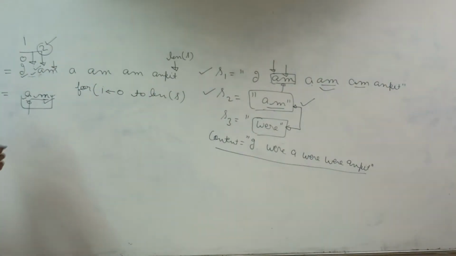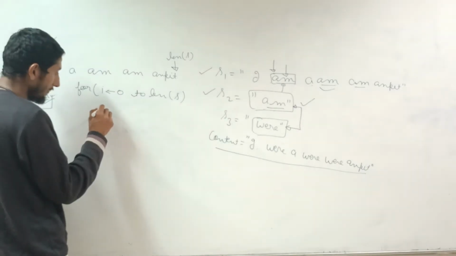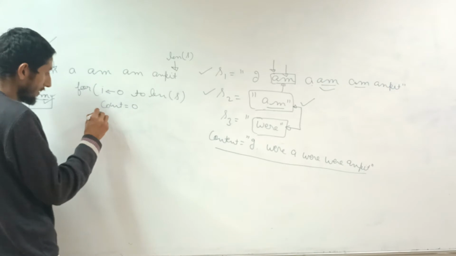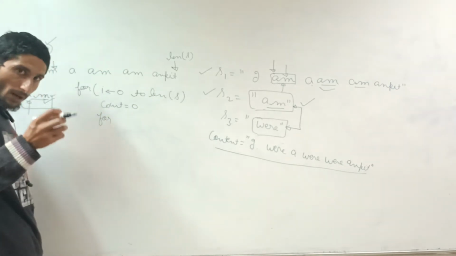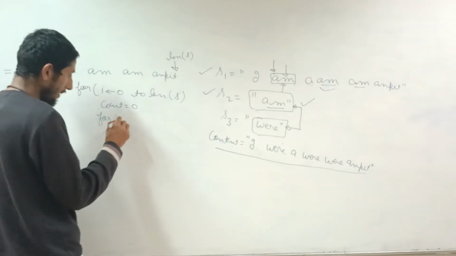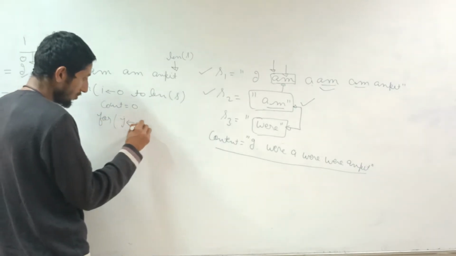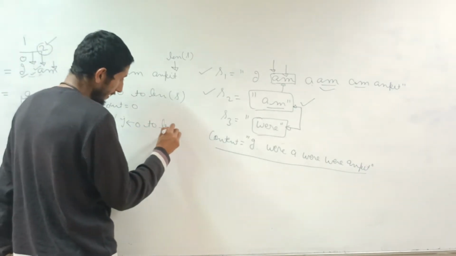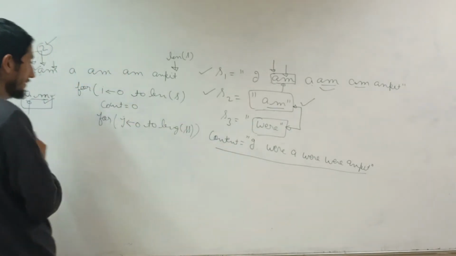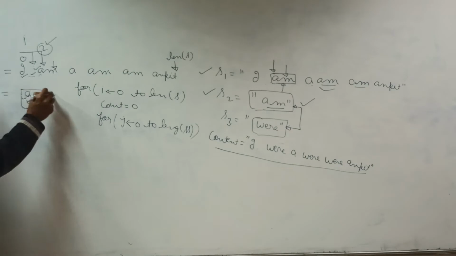Then I will take the value of count as 0. Then I will write the program too, but let me explain the algorithm first. I will apply the loop for j equal to 0 to length of ss. Length of ss means the length of this substring.